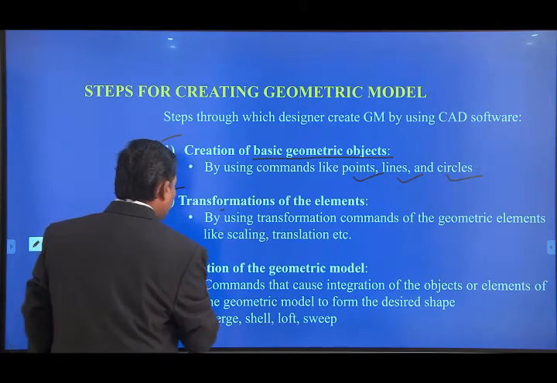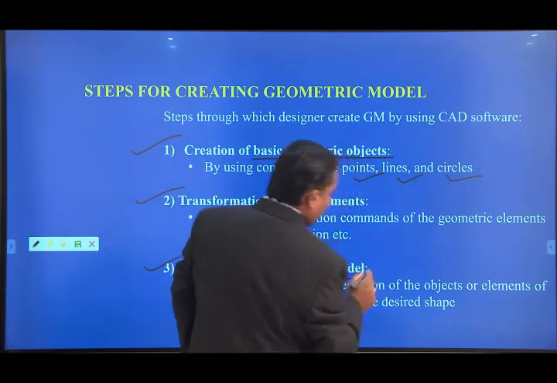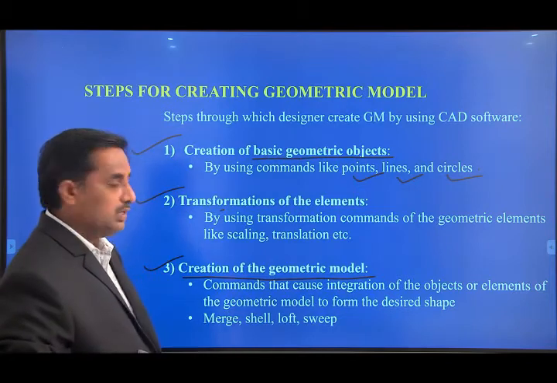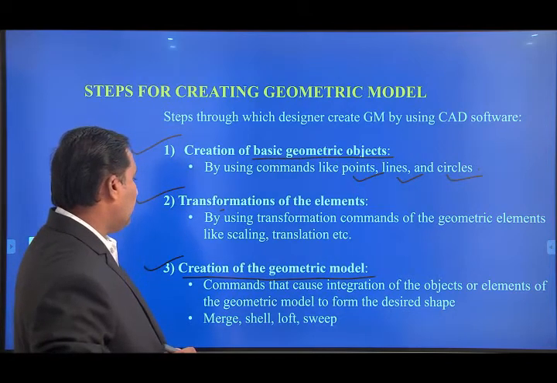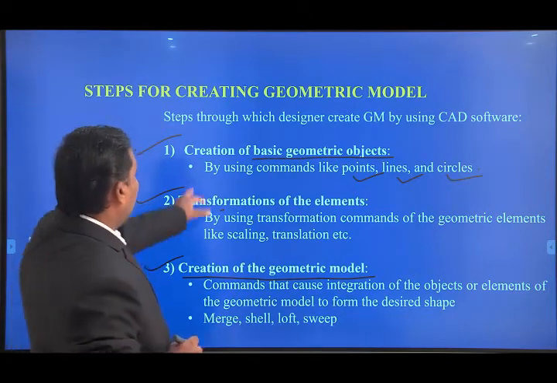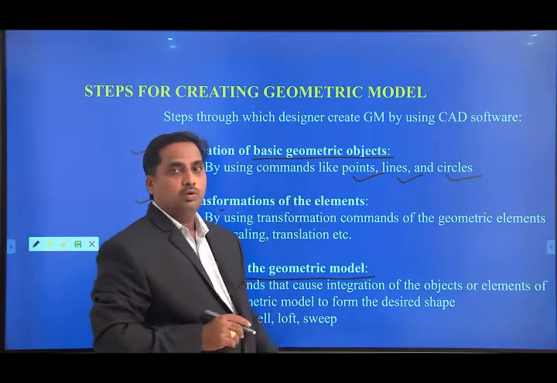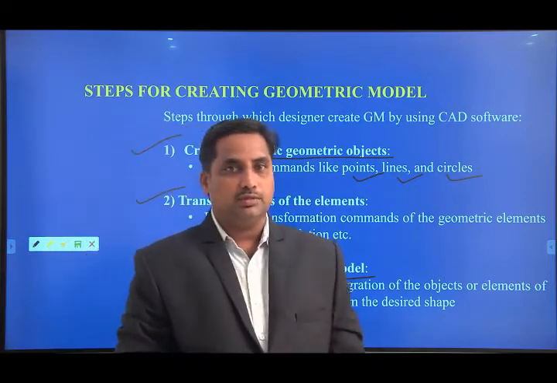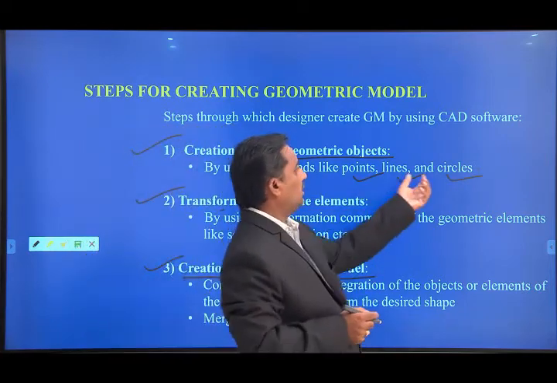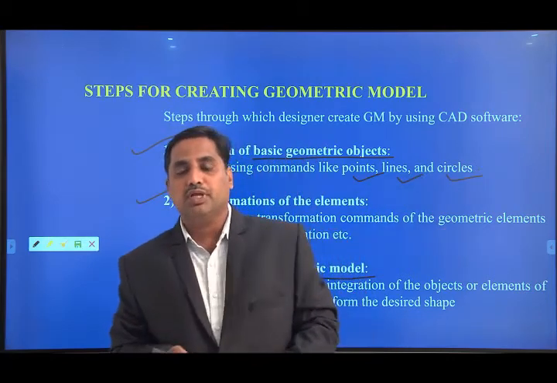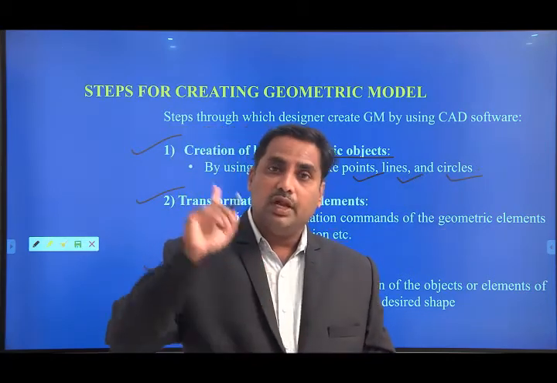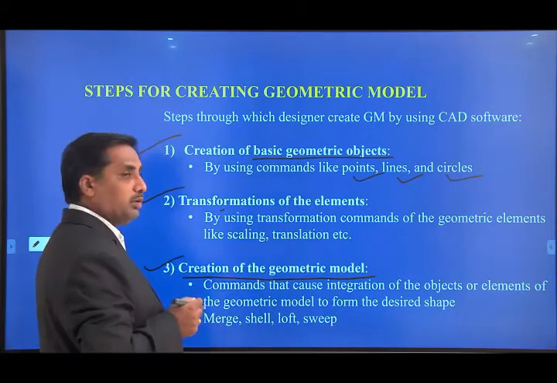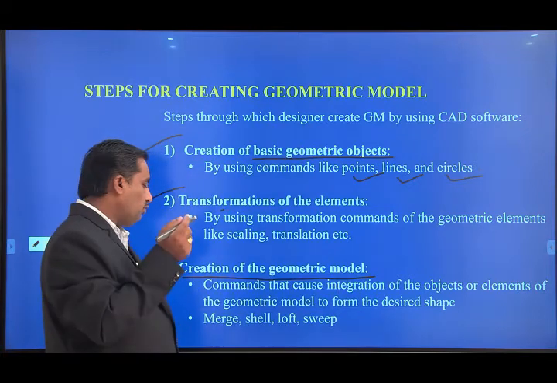Next, the third one is the creation of the geometric model. Up to now we have 1D elements or basic geometric elements like point, circle, ellipse. Then to create the 2D or 3D object, what do we have to do?